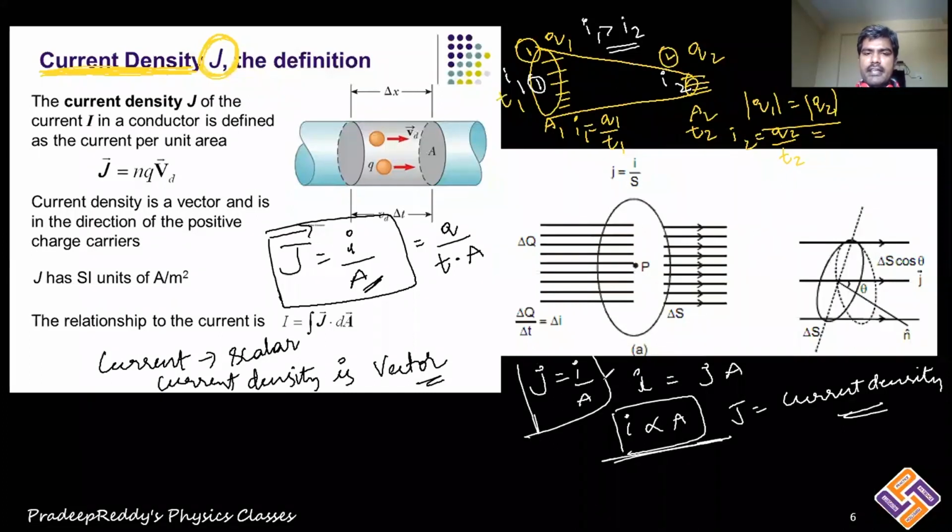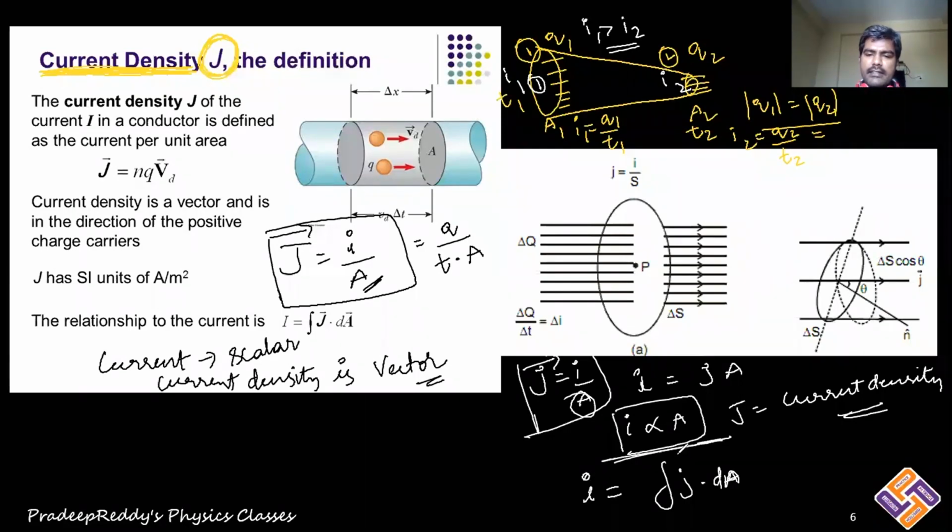Remember, current density is a vector quantity. We are dealing with area of cross section, and very small or elemental areas of cross section are vectors. So J bar you need to always represent with a bar. Current is a scalar, current density is a vector. If it is instantaneous current, how do you write it? I can be written as the integration of J dot dA.